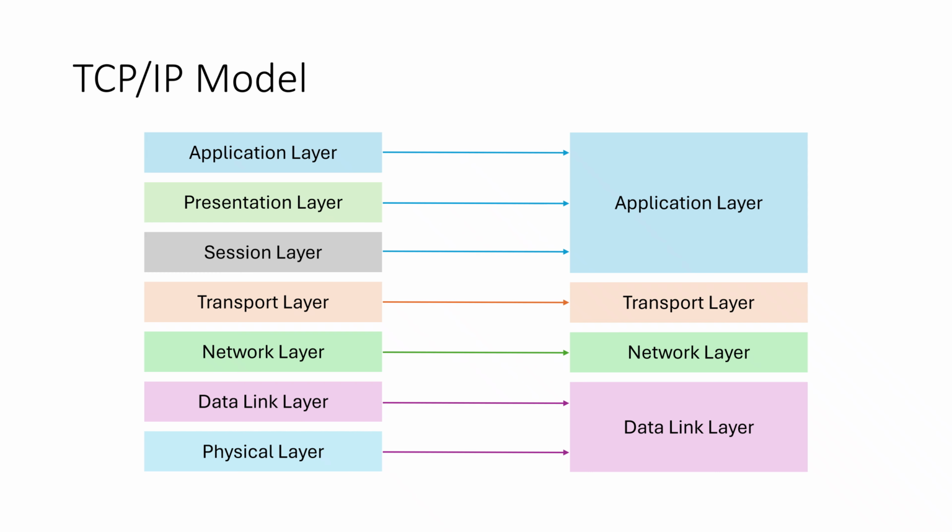And now this is very important: TCP/IP merges the OSI's data link and physical layers into one layer. It is called the network access layer, which is also called the data link layer for simplicity. Because in modern systems, devices like NIC cards, that is network interface cards, handle both of the functions of the data link and physical layers.